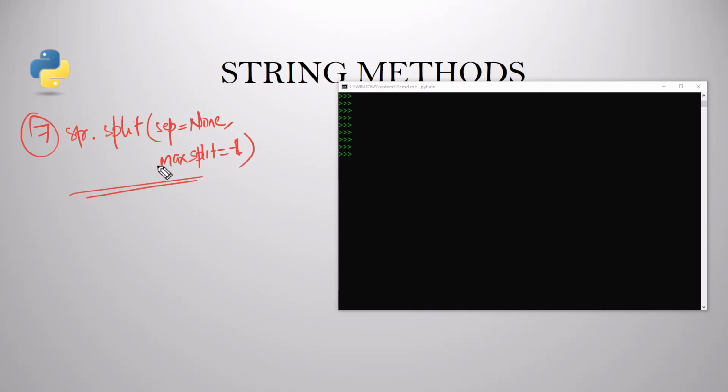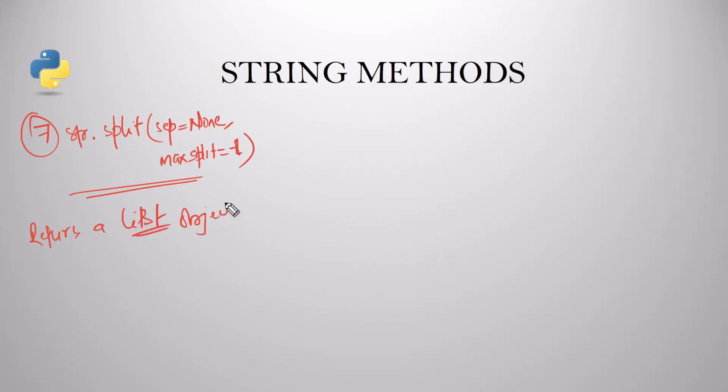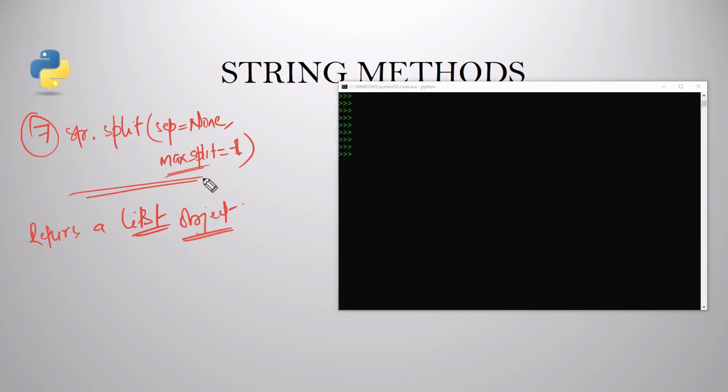What split will do is return a list of the words using the separator as a delimiter string. So it returns a list object. If you specify a max limit, it is the number of times you want to split the string.